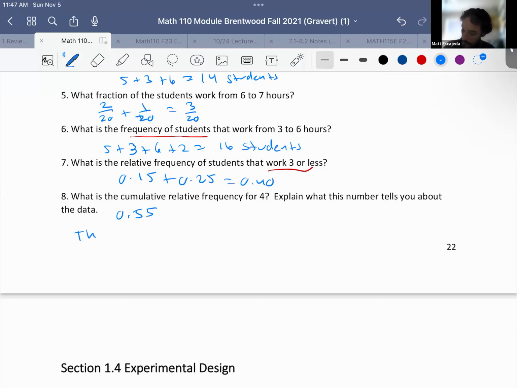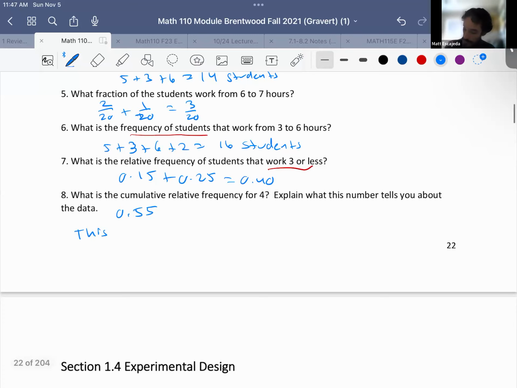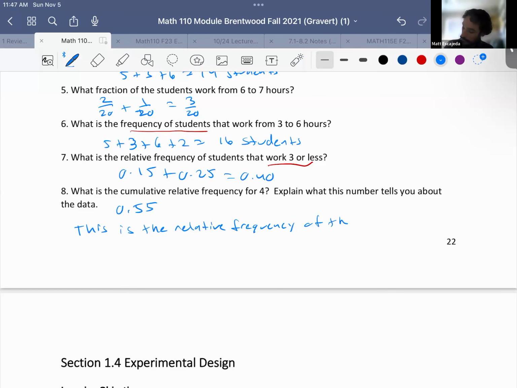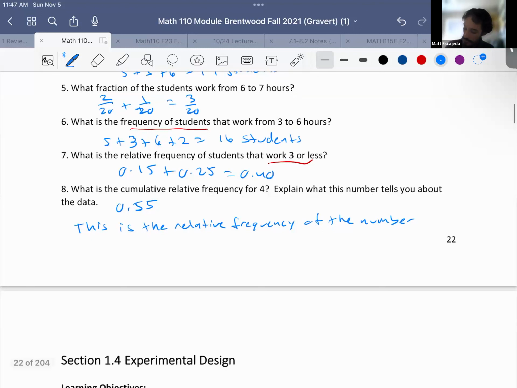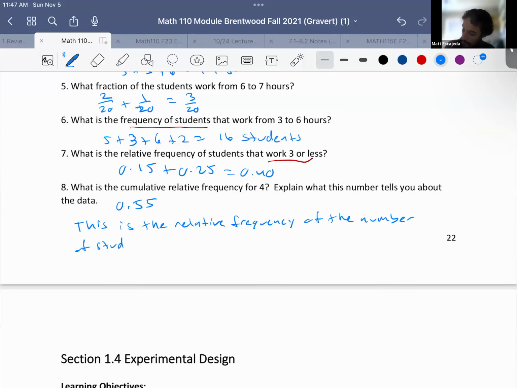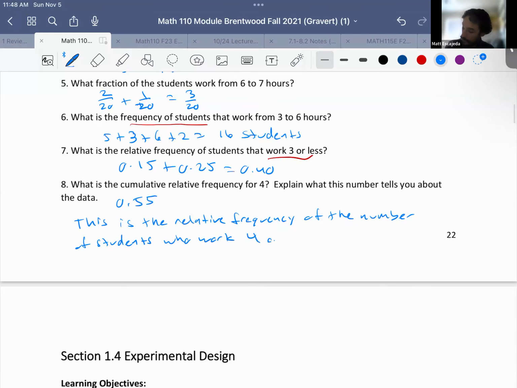So what we would say is this is the relative frequency of the number of students who work 4 or less hours per day.